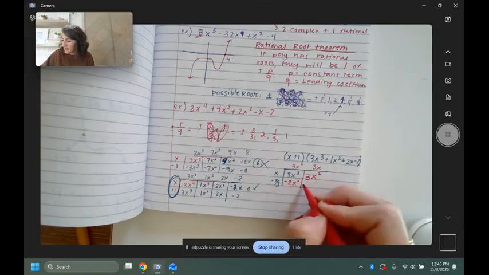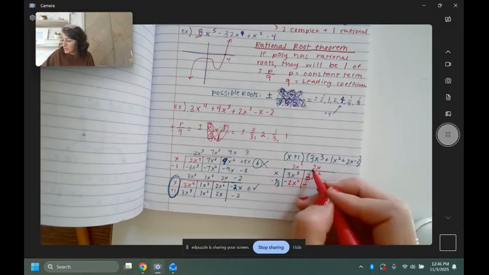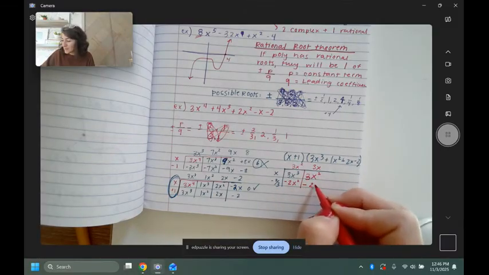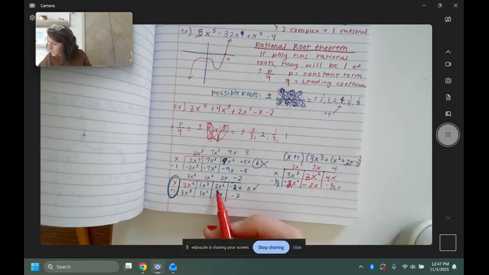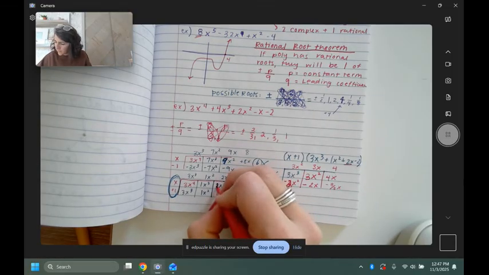Multiply again, so negative 3 times 2 is 6, divided by 3 is 2. Hold on. This is supposed to be a 1.